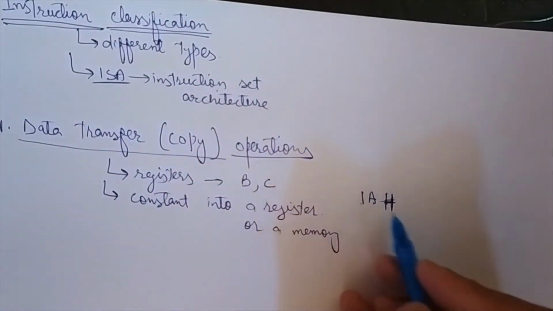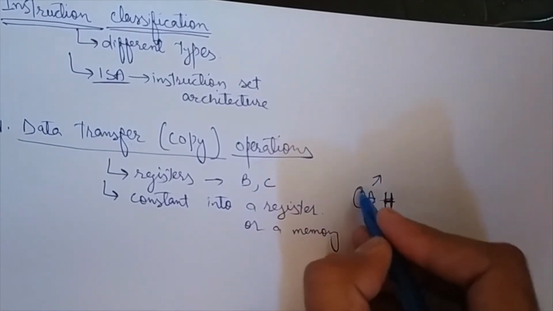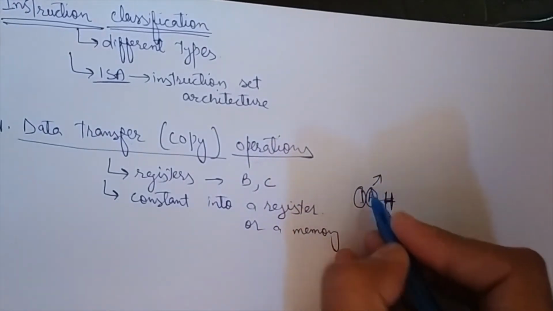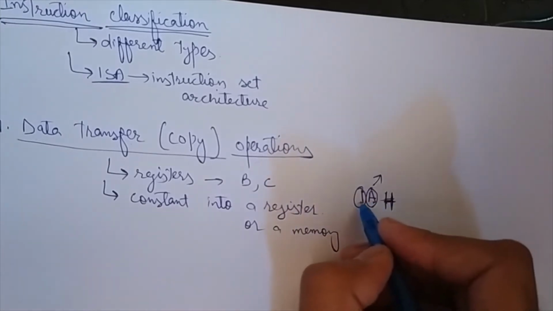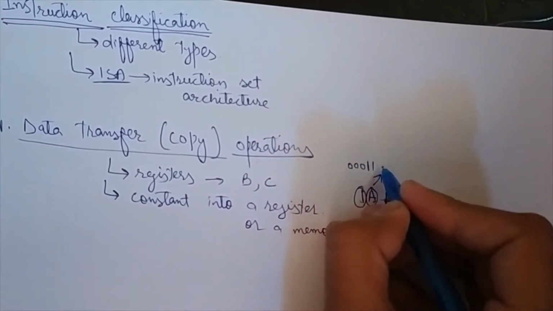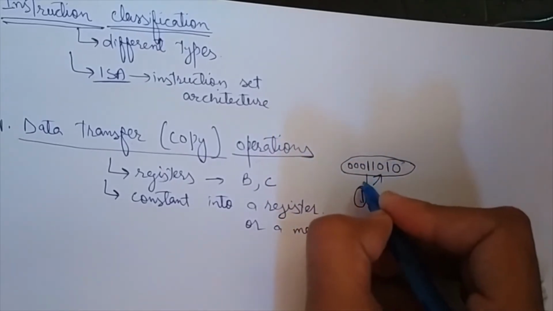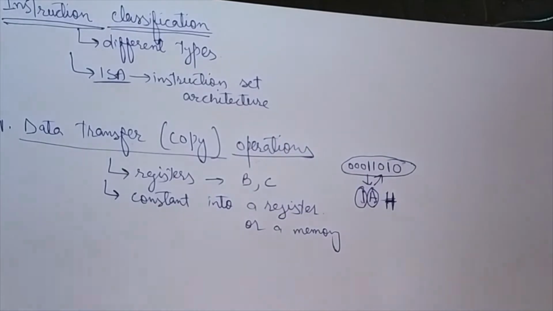So what is 1A in binary? Every digit will be of 4 bits because hexadecimal is of 4 bits. So 1 in hexadecimal is 0001 and A in hexadecimal is 1010. So this will be the 8-bit representation of this hexadecimal number.